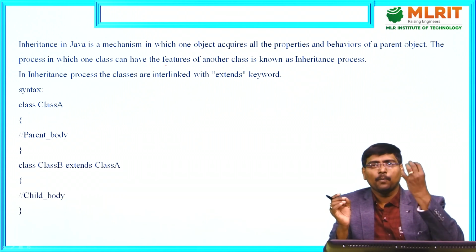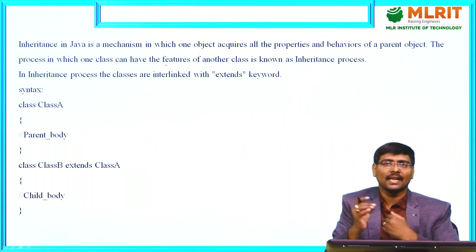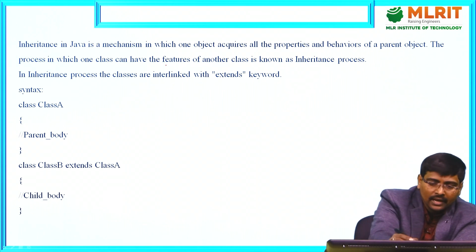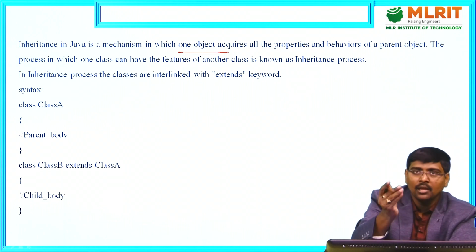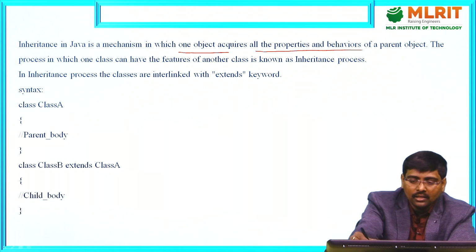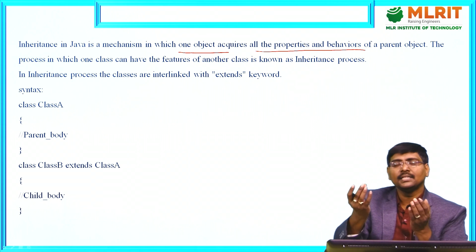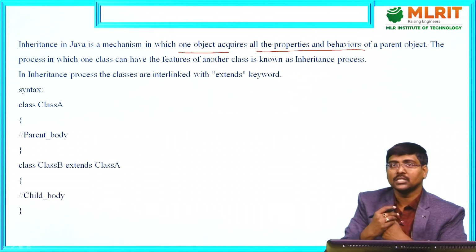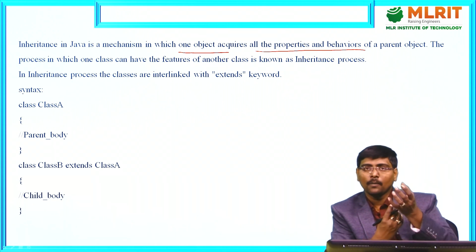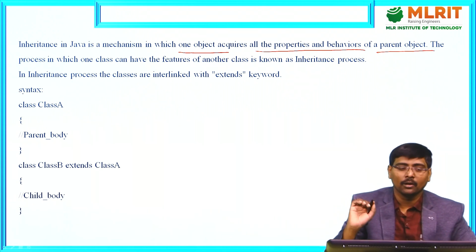Extracting the properties from the parent class to the child class is called inheritance. So, inheritance means simply one object acquires all the properties and behavior. Properties in the sense the variables, behavior in the sense the methods.